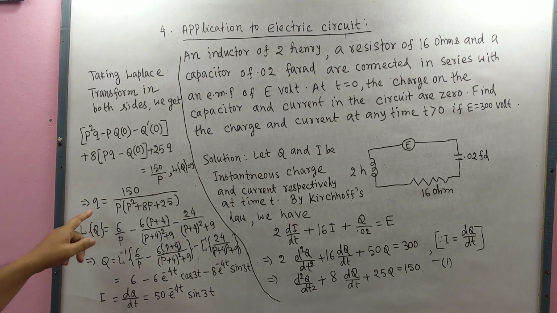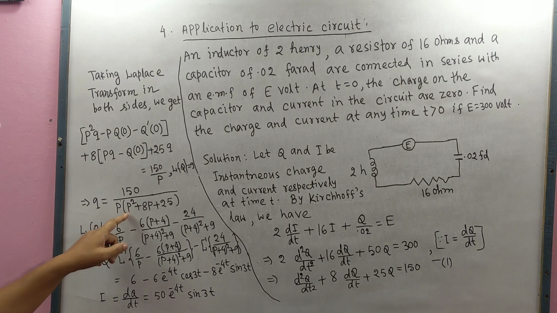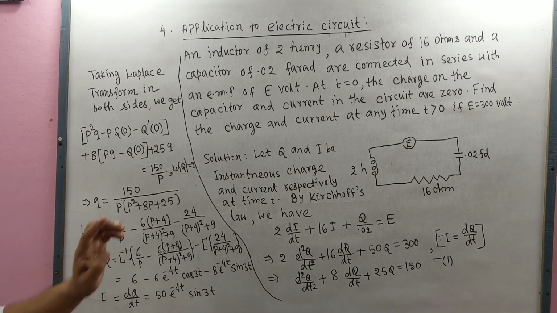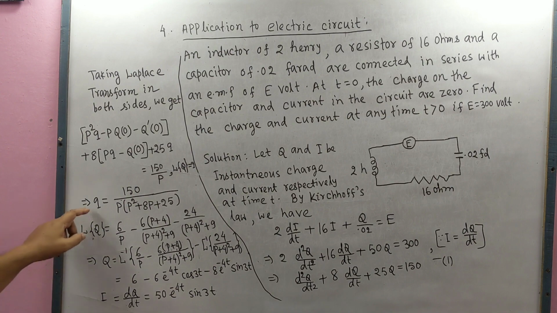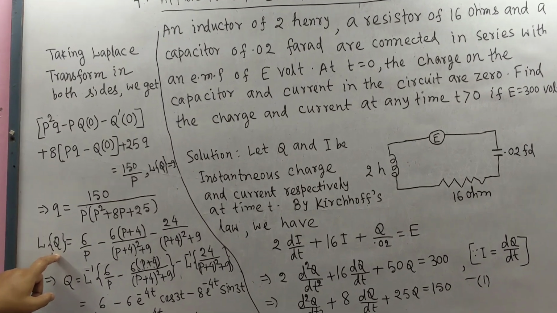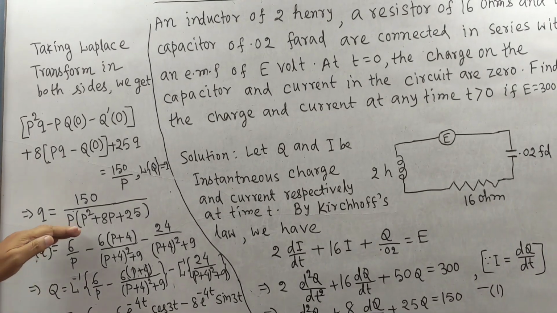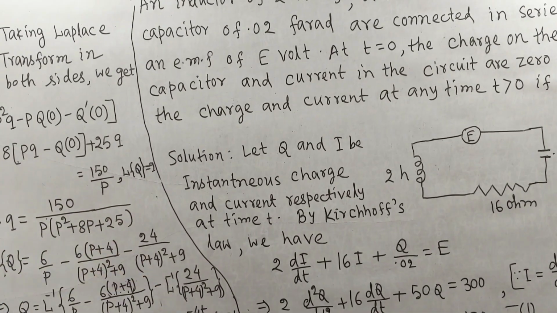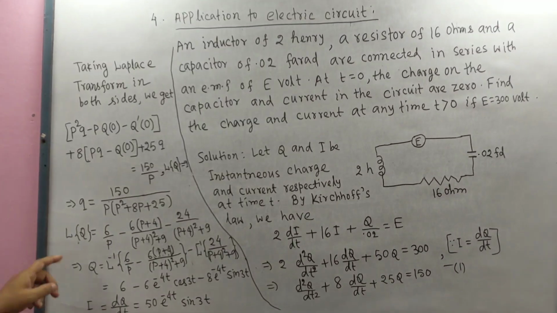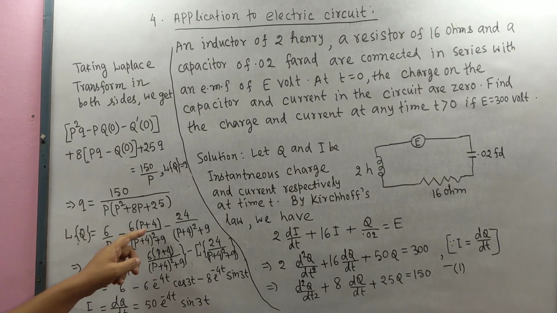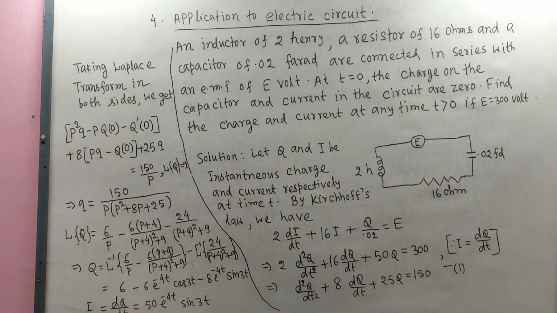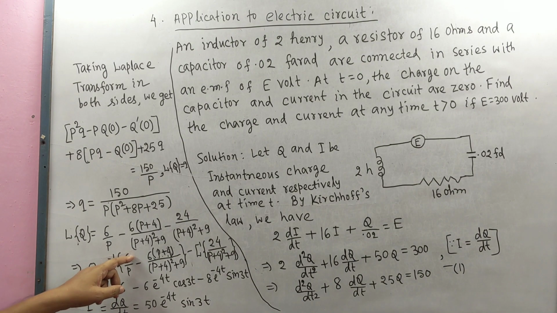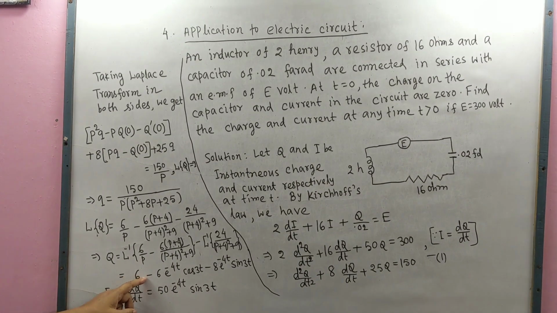Rearranging, we get q equal to 150 by p multiplied by p square plus 8p plus 25. Here q is the Laplace transformation of capital Q. We make partial fractions on the right side. Now Q equal to L inverse of these partial fractions. So we get inverse Laplace transformation of 1 by p is 1, so 6 into 1, 6.